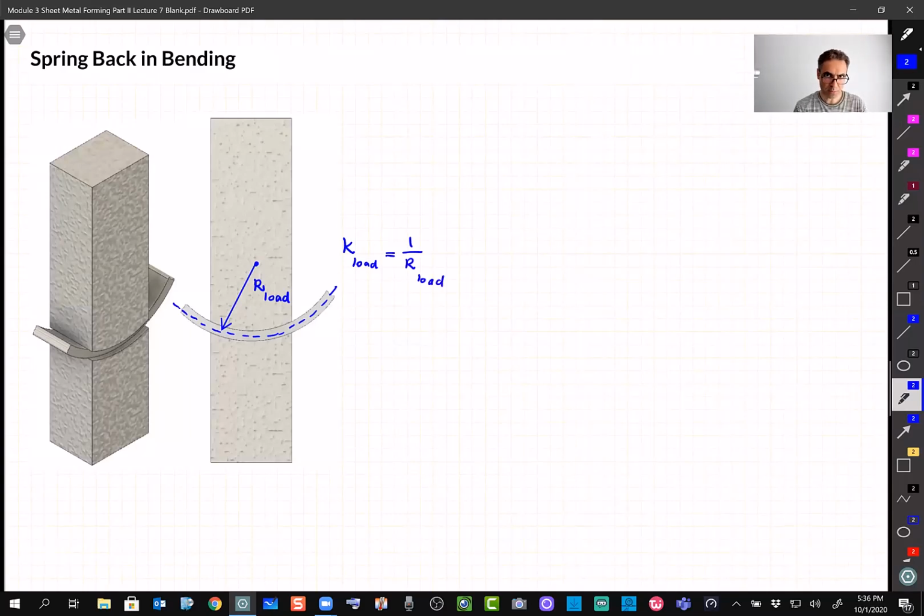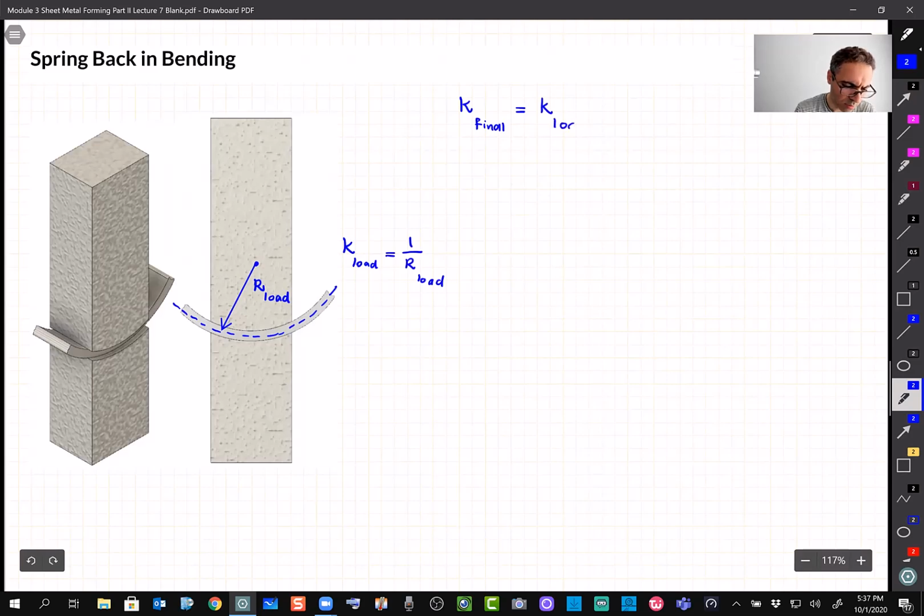But we know the moment that we release this load, we are going to get to the K final, which is basically K load minus delta K. So delta K again has a formula. It's a relatively large formula. I'm not going to prove it here, but this is important.